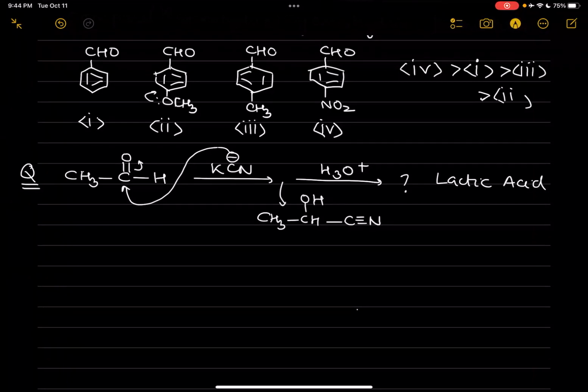Yes, sir. And when you do this hydrolysis with excess of water, this CN is going to get hydrolyzed to COOH. Is it clear? Complete hydrolysis. So the product is lactic acid.